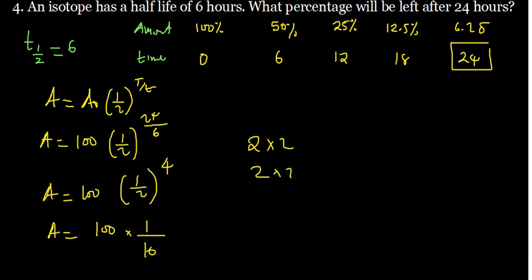So just say 100 divided by 16. That is going to give you 6.25. This is the amount that is going to remain. You can use the formula.